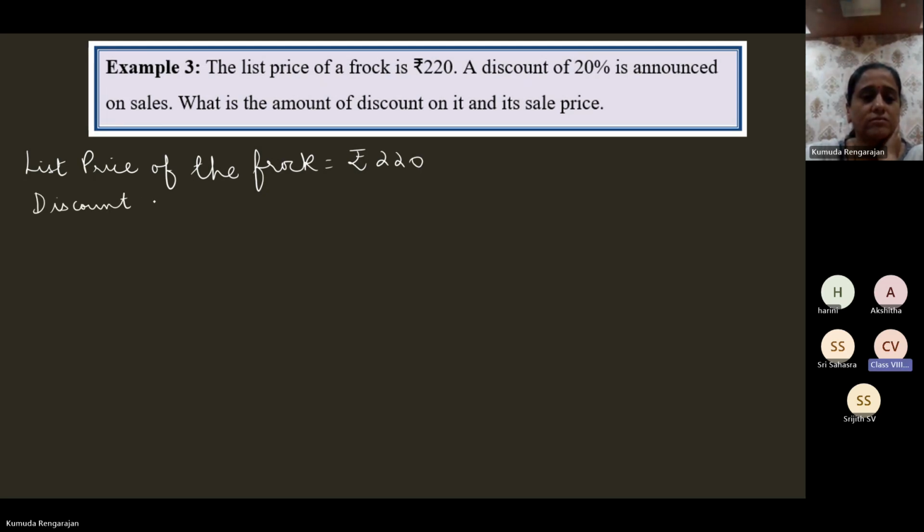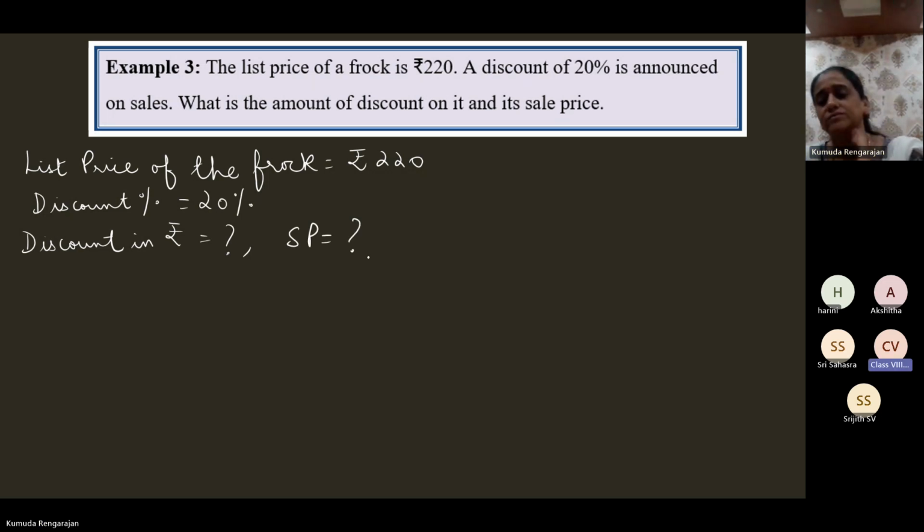We need to find the discount, ma'am. 220 into 20. Discount in rupees we have to find, and also the selling price. 220 into 20 by 100 for discount in rupees. Ma'am, after we cancel, we get rupees 44 as discount, and then after we subtract it, the sale price is 176 rupees. Very good. Okay.